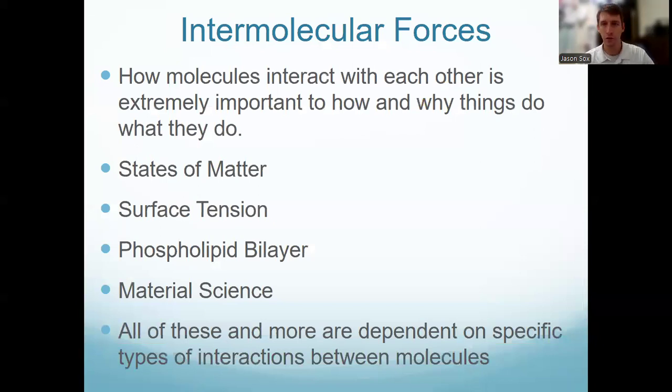So what are intermolecular forces? Intermolecular forces are really important in understanding why molecules or compounds behave the way they do. The way in which molecules interact with one another depends upon the attractive forces, not only within the molecule and the bonds that form between them, which we've been talking about lately, but also how the molecules interact with one another.